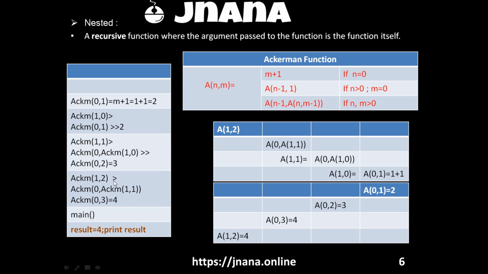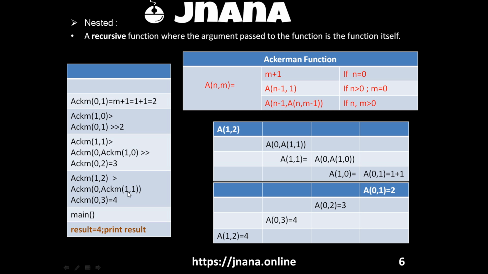A of 1, 2 is nothing but A of 0, Ackerman of 1, 1. We can see from the definition here, when n and m are greater than 0, the output is A of n minus 1, and A of n, m minus 1.